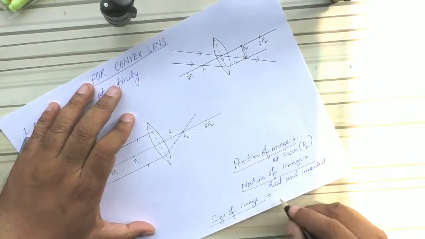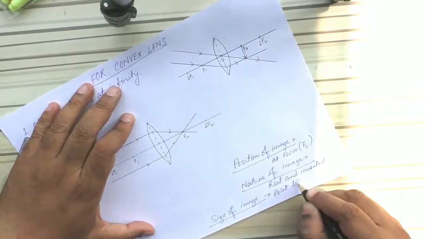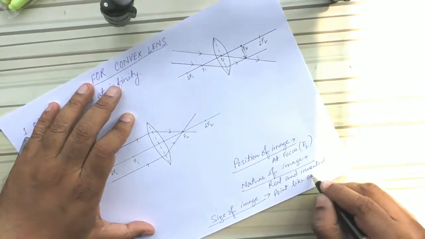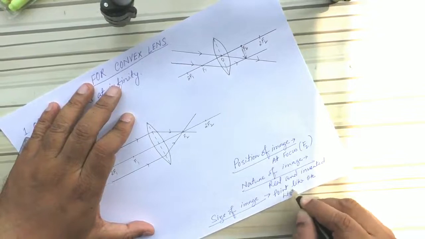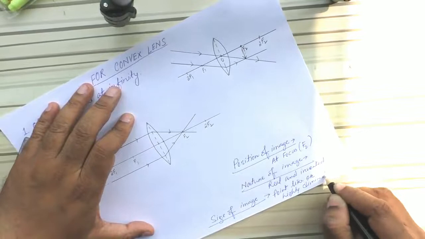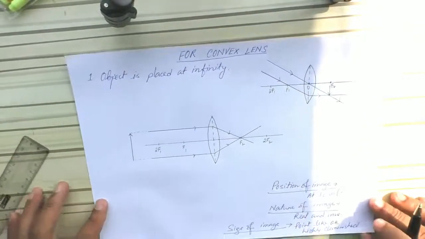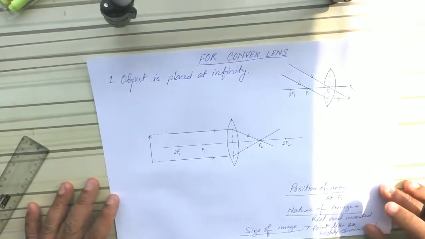What about the size of image? Size of image is point like, or we can say highly diminished. Point like or highly diminished. So you can draw these diagrams.